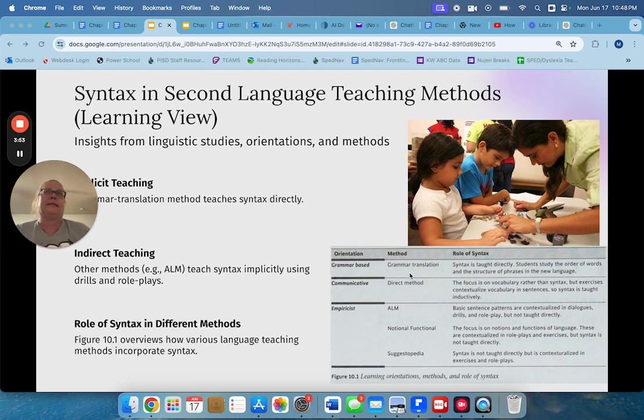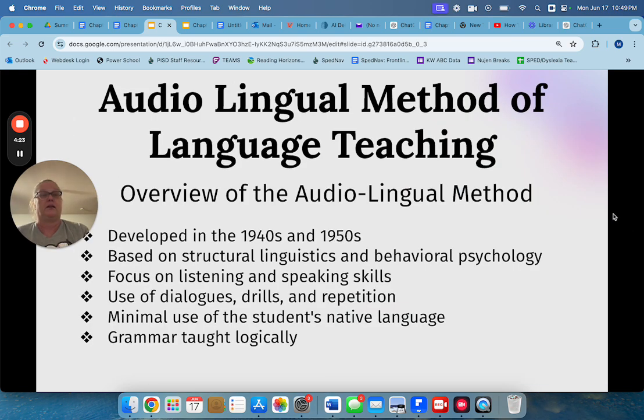But again, like the direct method, syntax is not taught directly there. And then Suggestopedia, that's a fun word to try to say. Again, syntax is not taught in a direct way, but it is conceptualized within exercises in role play.